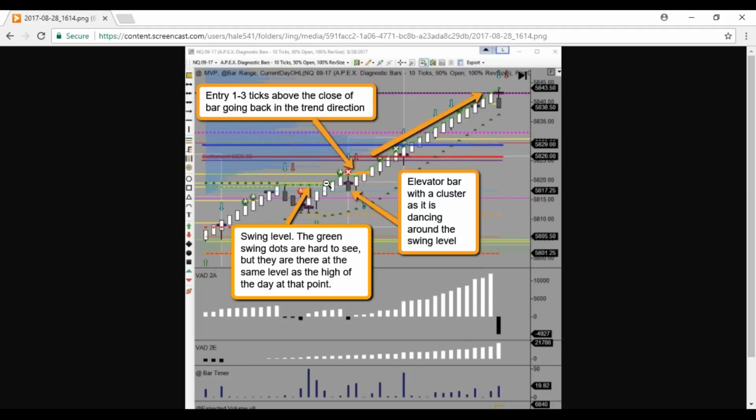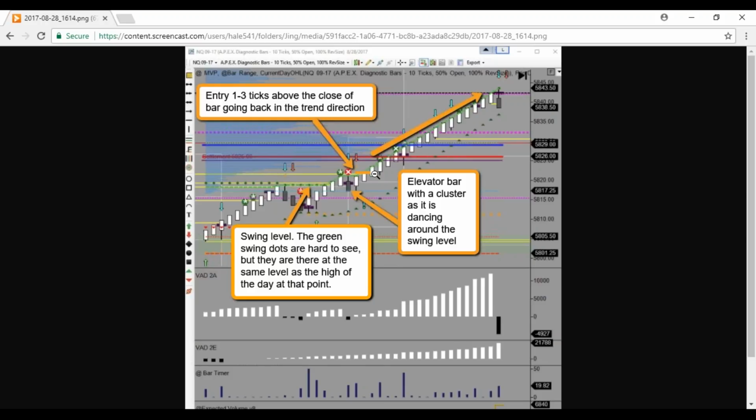Okay. Now notice these broke up, and on the actual break, it didn't have any of those things. But then what does it do here? It pulls back. Okay. See this? It pulls back with a cluster. All right. And then it turns into an elevator and closes up.